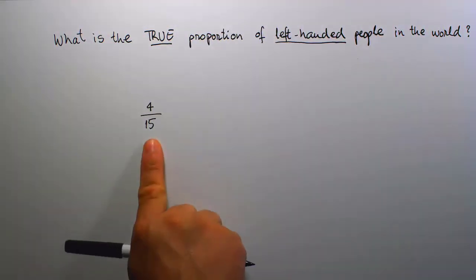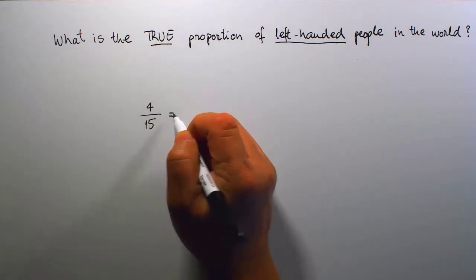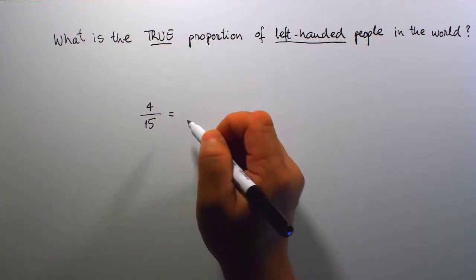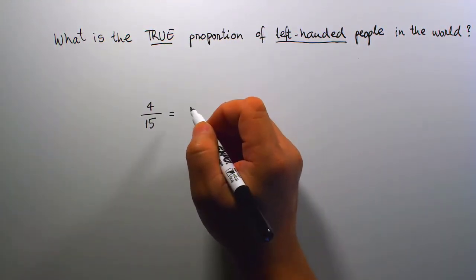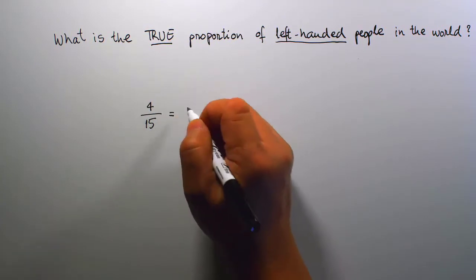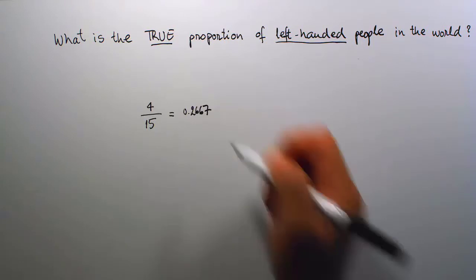Being a proportion, we quite usually put that as a decimal in 4 decimal places. And so in this case, the calculation comes out to be 0.2667.